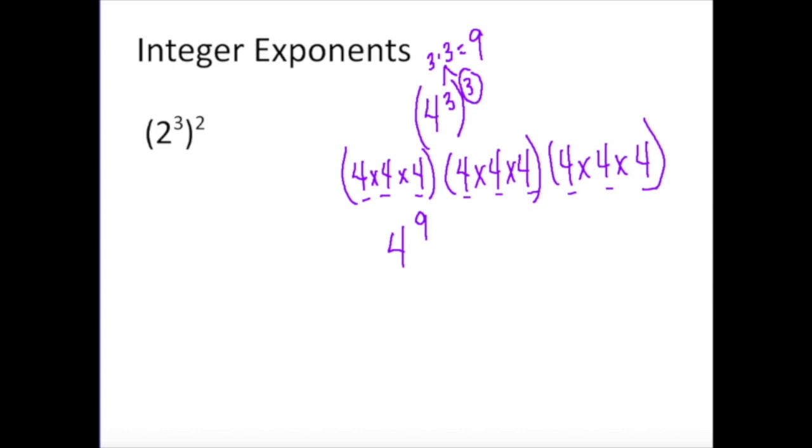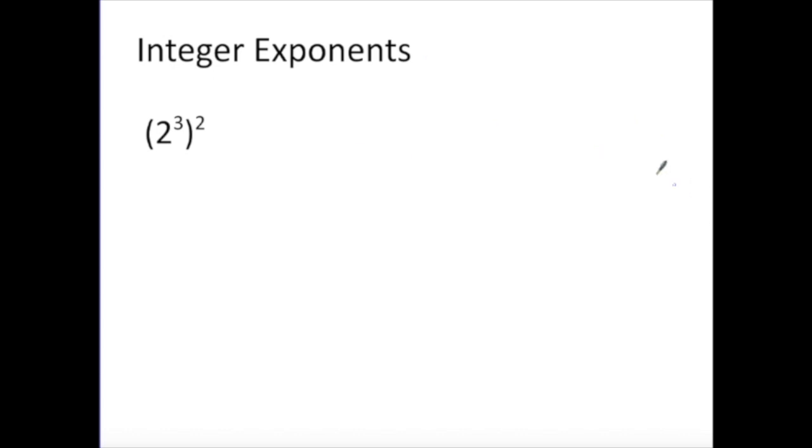So let's look at what this looks like when I have a variable. For example, let's have a to the 3rd power, and we will square that. So I have a times a times a. This is a to the 3rd power. And I need 2 of those. I need 2 of this group right here.